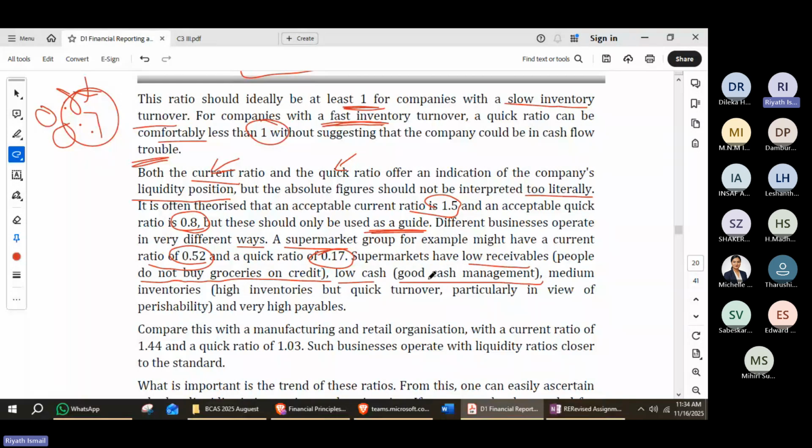Good cash management, they do not keep a big amount of money in hand. They buy inventories and can sell them very quickly. Medium to high inventories but quick turnover, particularly in view of perishability. Sometimes items may expire soon, and very high payables.